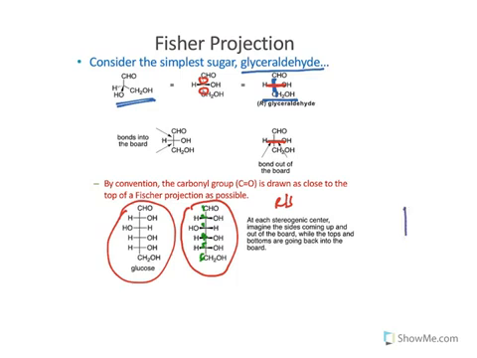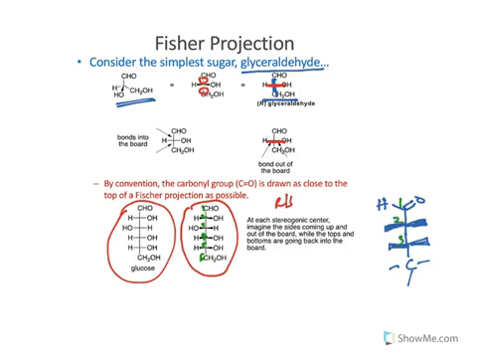Let us zoom in so we can see it clearly. Then we have also carbon 3 connected to another carbon and the other ones. So we have carbon number 1, carbon number 2, carbon number 3.